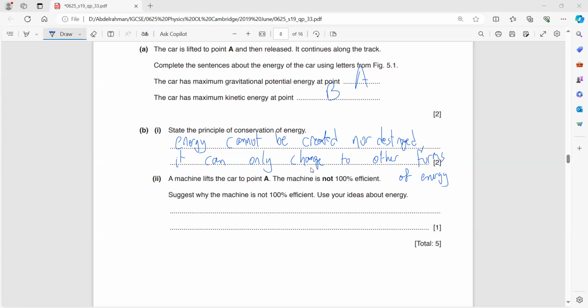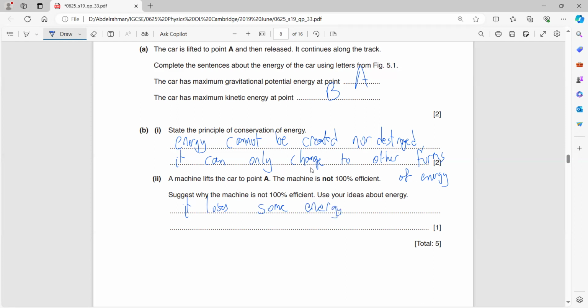Okay. The whole point of efficiency: if I say that something is not very efficient, it means that it loses a lot of energy. But if it is much more efficient, it doesn't lose that much energy. So here, it means it's not 100% efficient. It means it loses some energy.